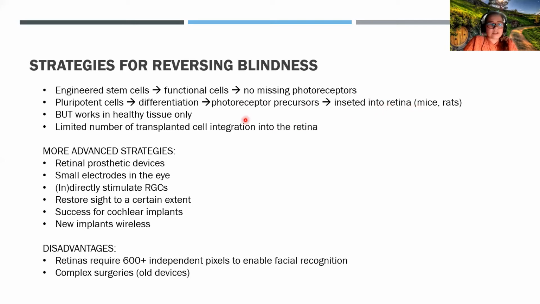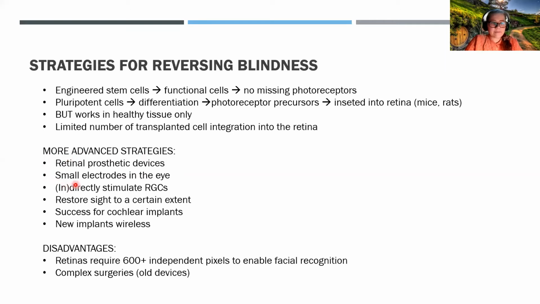But this works only in healthy tissue, not in diseased tissue. And also, the limitation is that there is a limited capacity of the retina to accept engineered stem cells.